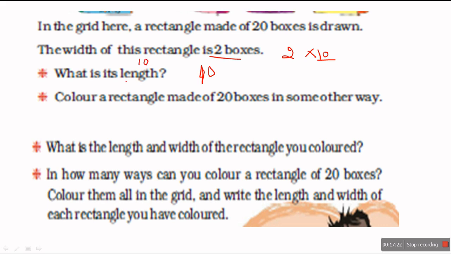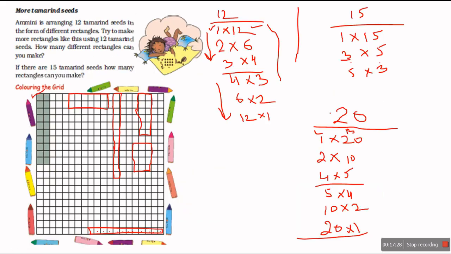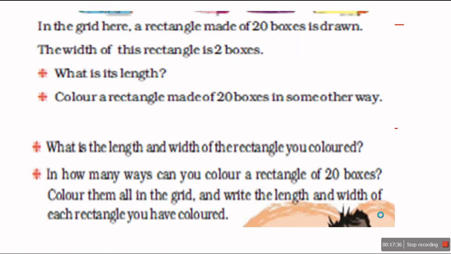Color the rectangle and make 20 boxes in some other way. The factors I have shown you, you can arrange 20 rectangles in these ways. So make them and send me the picture. How many ways can you color 20 boxes? I have told you all the possible ways.